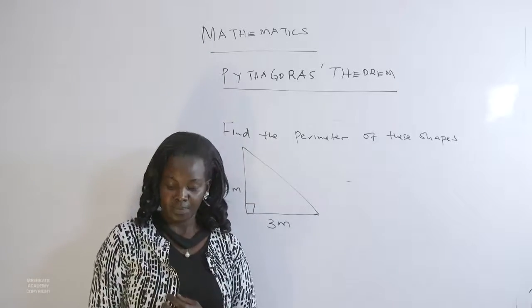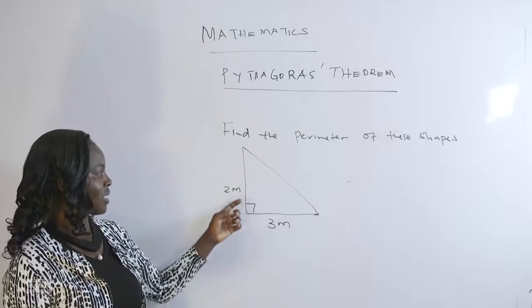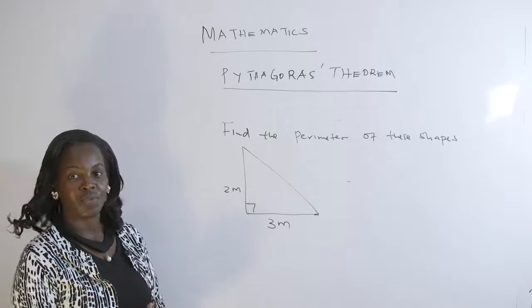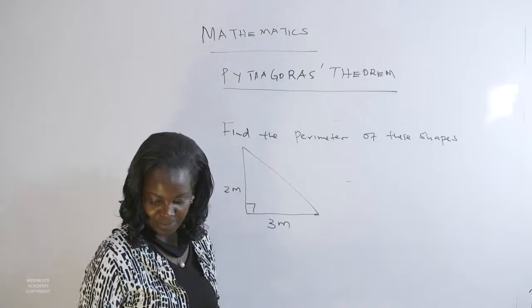We have a triangle measuring 2 meters by 3 meters. You're told to find the perimeter of the triangle.